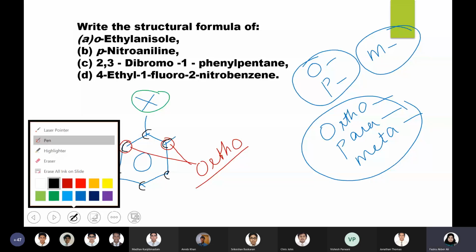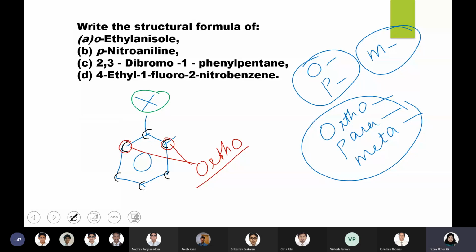And similarly, these two carbons are called meta carbons. And the last one, which is exactly opposite to the first prior group, is known as the para position or the para carbon. Is that clear? Yes, ma'am.